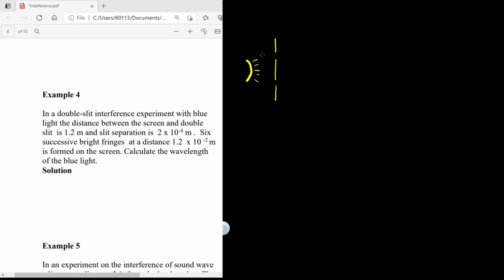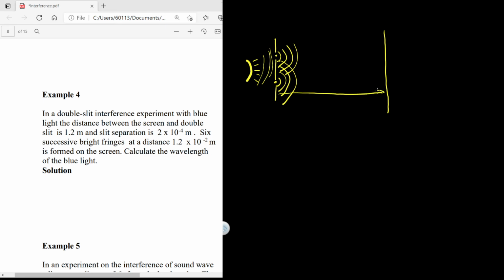So light passes through this slit only. It is just like we have 2 different sources of light. There is the distance between the 2 slits, and the distance between the screen and the double slit. We put a screen to detect the dark and bright fringes.